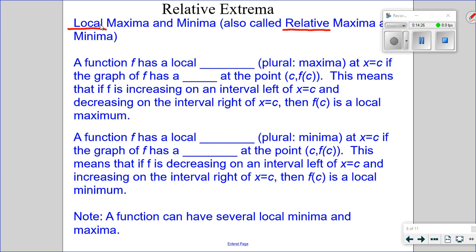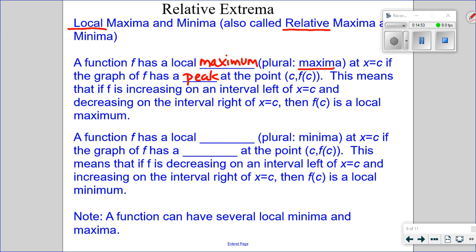All right, now, how do we tell if it's a maximum or a minimum? Well, a function f has a local maximum, and the plural form is maxima, at x equals c, if the graph of f has a peak at the point (c, f(c)).